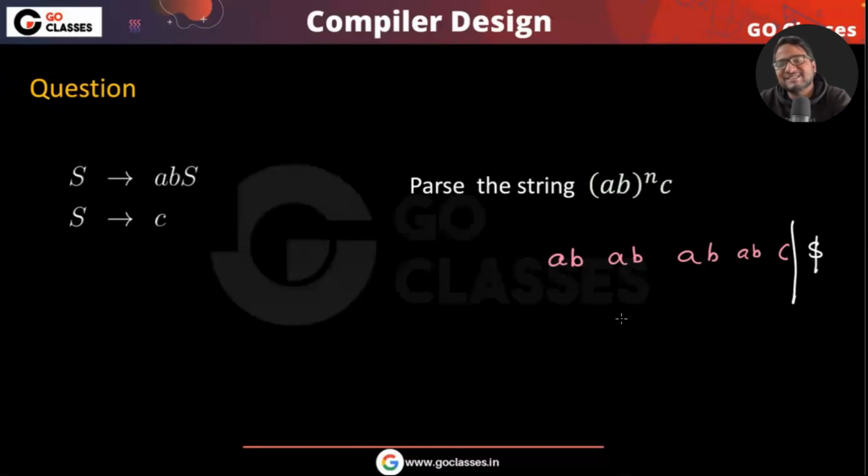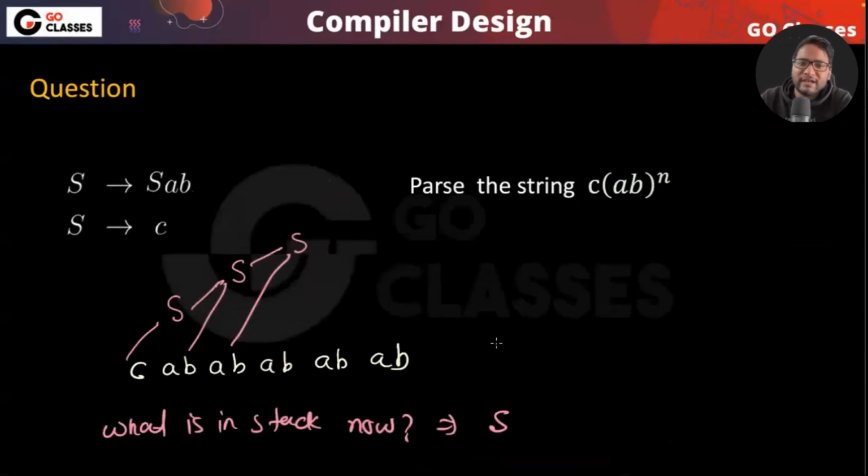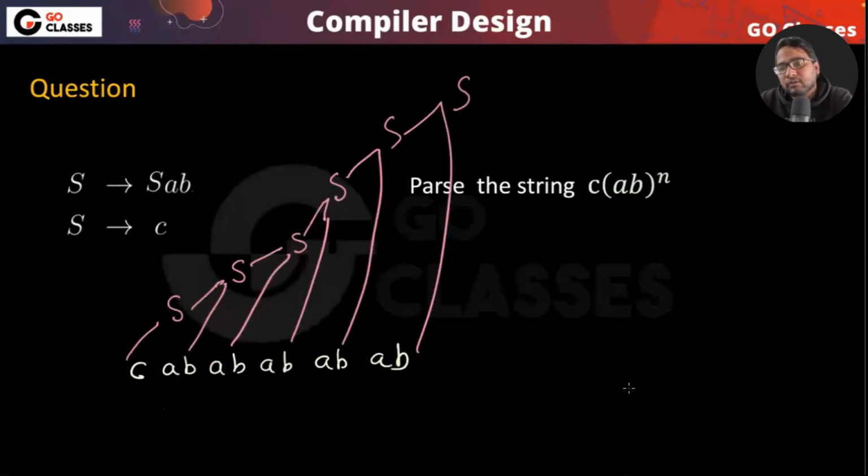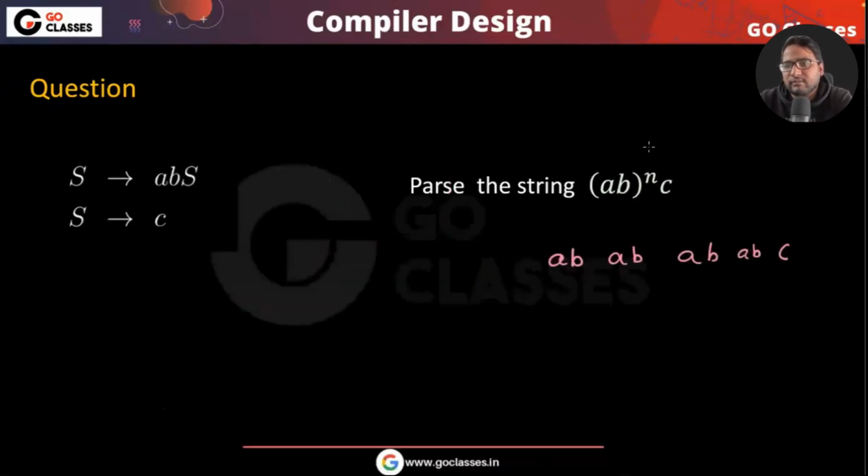Actually, the things are the same here. If you have noticed, in the earlier grammar we were getting a chance to reduce early: this C to S, then this SAB to S, then this SAB to S. But here we got the chance to reduce very late, but that's fine, it's not a concern.